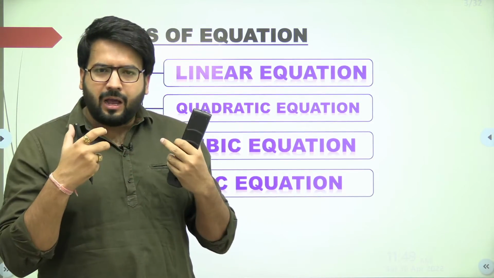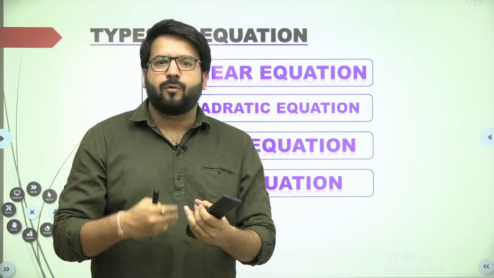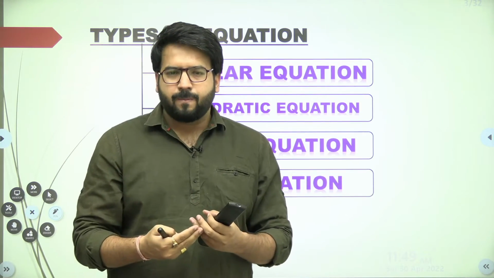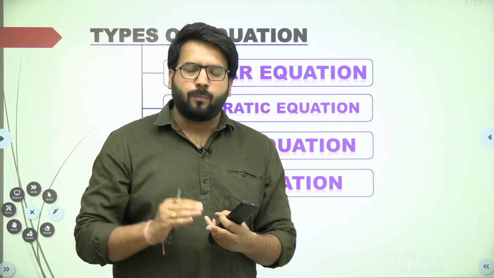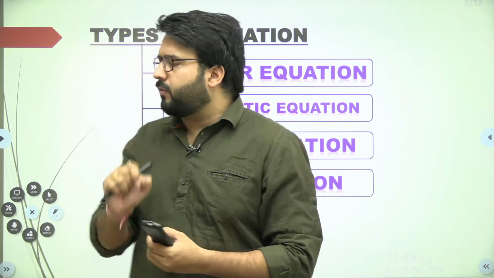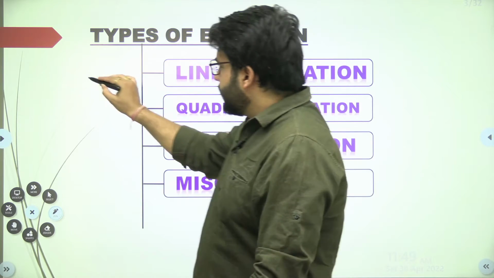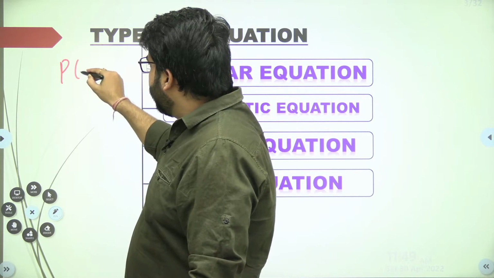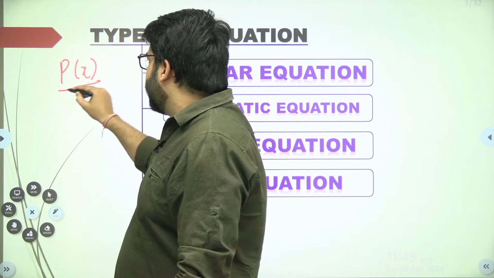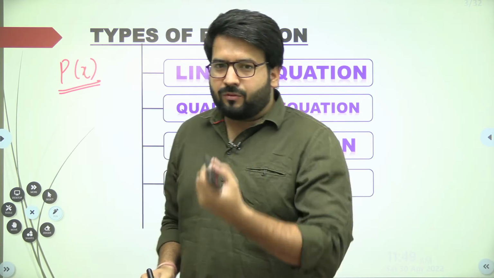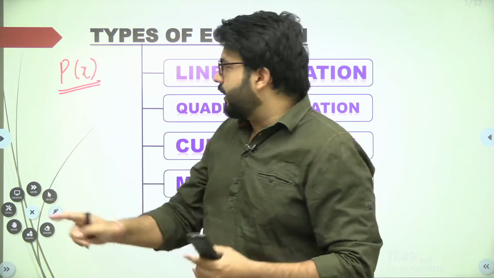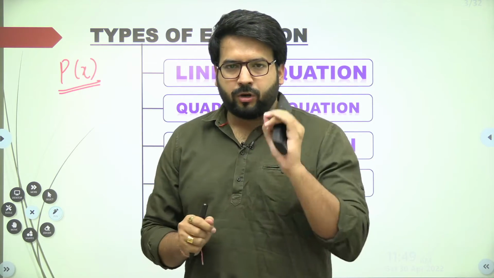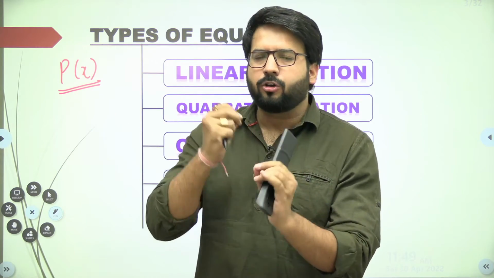So an expression which consists of many mathematical terms with alphabets and variables is known as a polynomial, and the standard notation for a single variable polynomial is p(x). P(x) means polynomial of x.